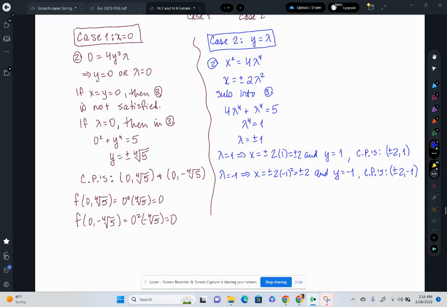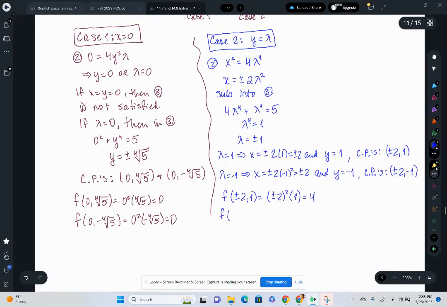Okay, so I got 4 critical points here, and I need to go ahead and find the values of all of those. So our equation is x squared y. If I'm looking at f of plus or minus 2 with 1, I'm going to get plus or minus 2 all squared times 1, which is just going to give me 4.